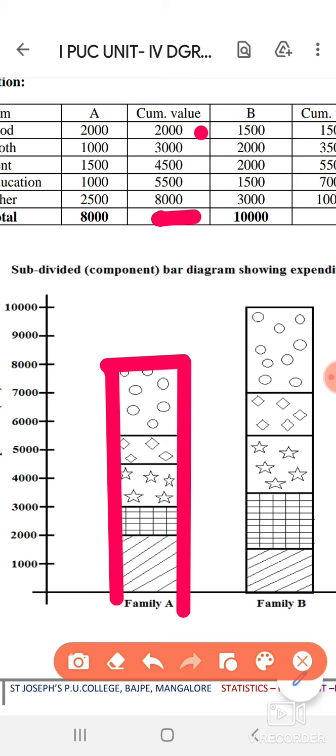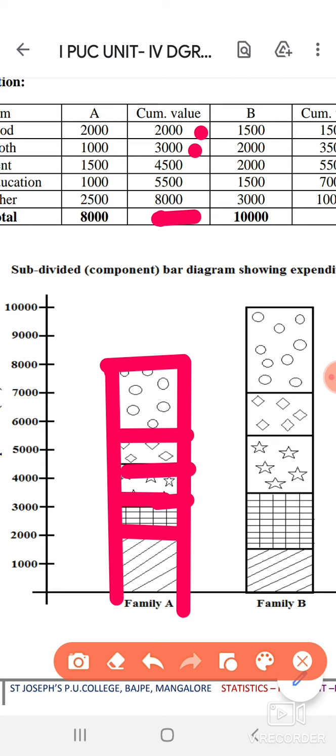Then go for the first one. First cumulative value is 2,000. Here it is 2,000. Divide the bar. Then second cumulative value is 3,000. Here 3,000 is there. Divide the bar. Then third cumulative value is 4,500. Divide the bar. Then next one is 5,500. Divide the bar, and this one is the remaining part.